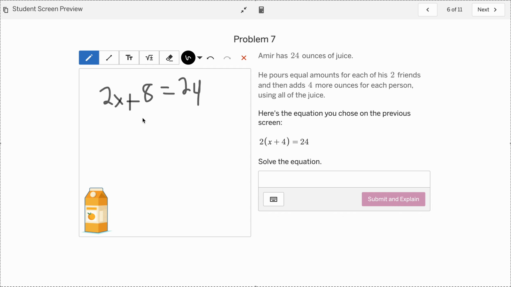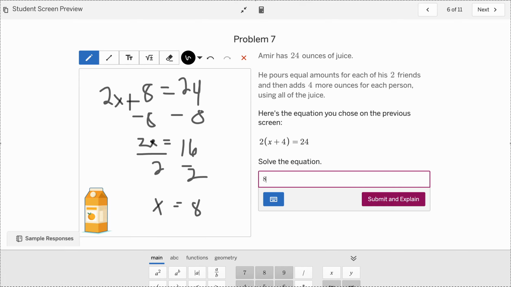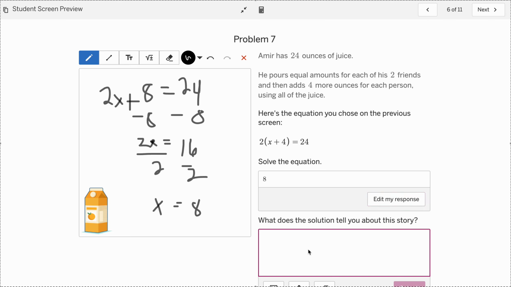If I subtract 8 from both sides to get X alone, I get 2X equals 24 subtract 8 is 16. So divide by 2 on both sides because I still have to get X alone, which is then 8. So how many ounces do they get before he adds 4 more? They get 8 ounces.